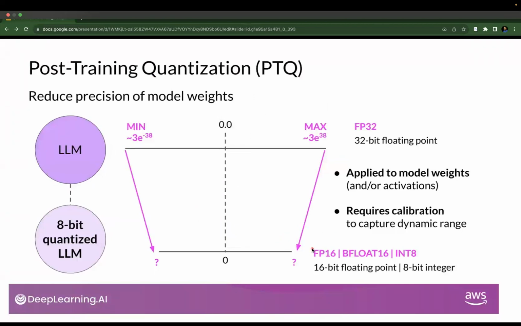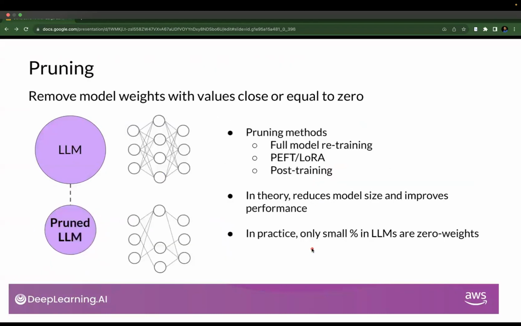We talked about quantization during training. This quantization can be used during deployment as well, which will reduce the precision of the weights. Instead of using 32 bits for float, we can use 16 bits of brain float numbers. And the other technique is pruning, where we remove all the weights of the models which have values close to 0 or equal to 0.